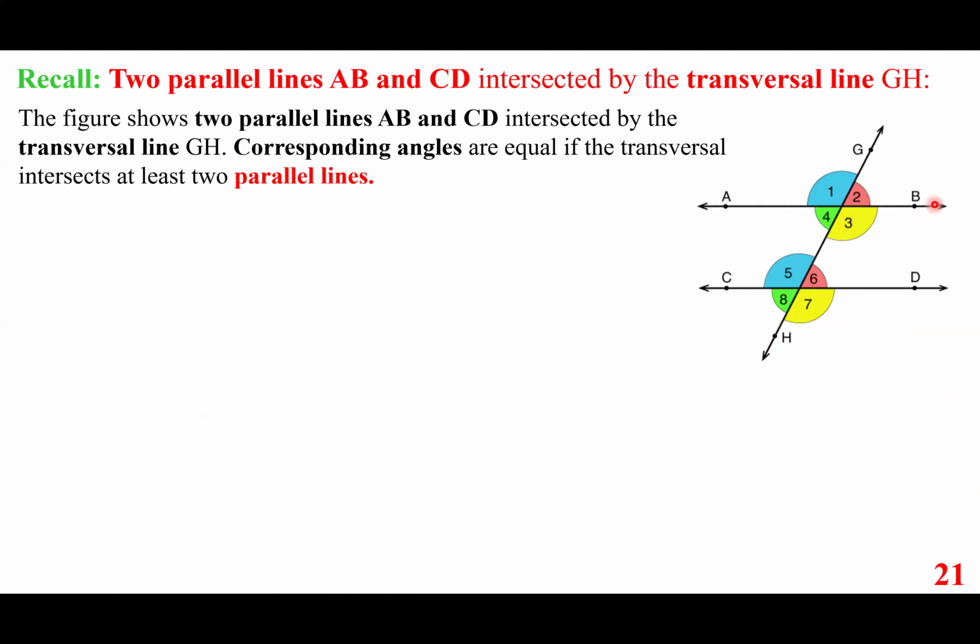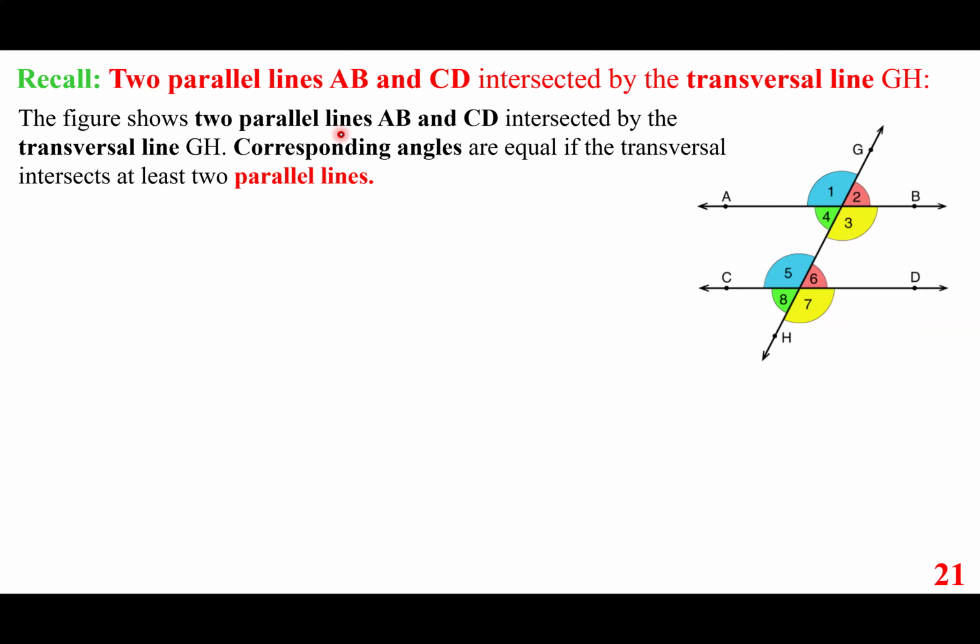Remember that when you have two parallel lines, AB and CD, and there is a line that crosses both called transversal line, GH, it creates several angles. The figure shows two parallel lines, AB and CD, intersected by the transversal line, GH.